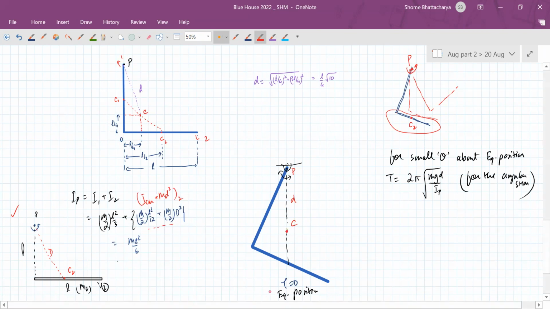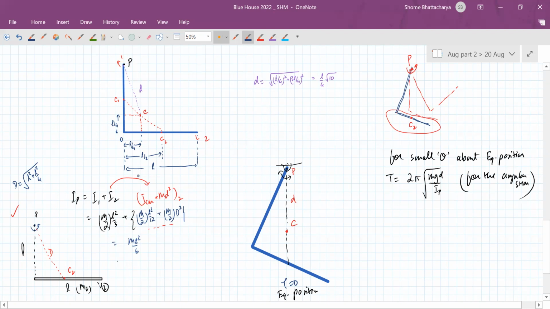Okay, so this is clear now. Now see how much is D. Can you explain how to find IP once again? IP, that I'm in the process of calculating. What I've done is I've divided the L shape into two objects, object 1 and object 2.